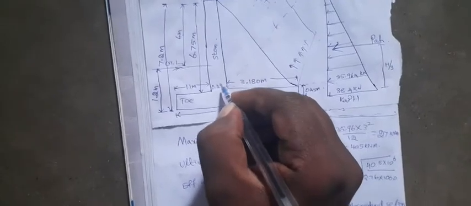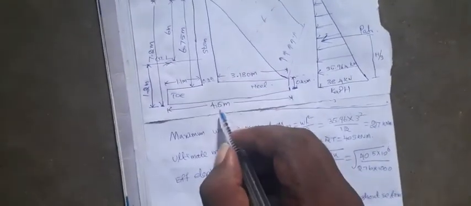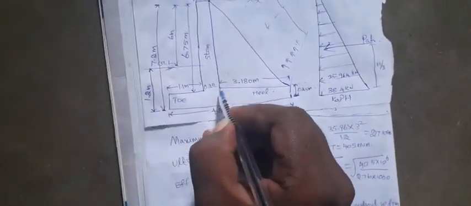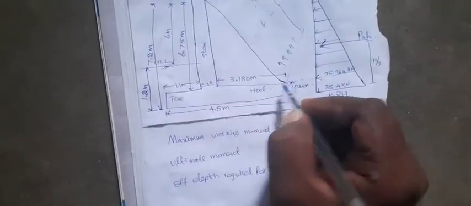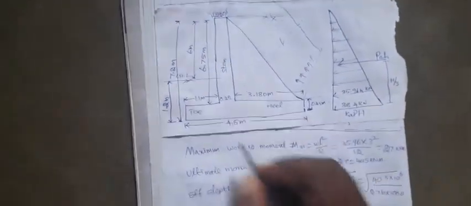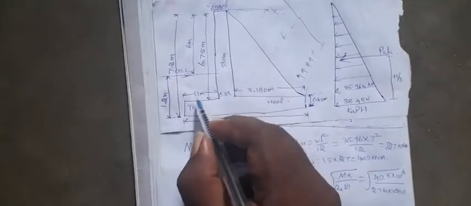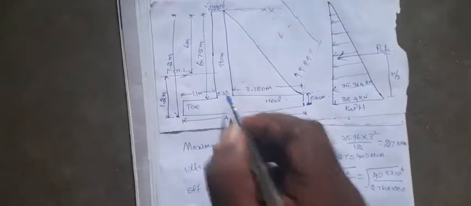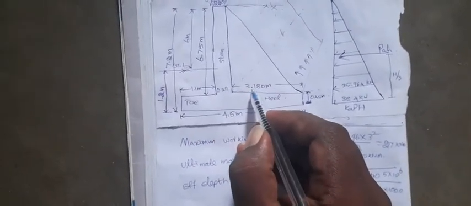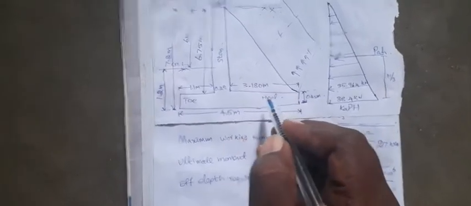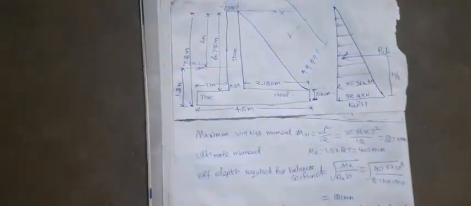Here 1.1 plus 220 means 0.22. 4.5 minus this length is nothing but the projection of the heel slab. So 4.5 minus 1.1 minus 0.22, the value is 3.180 meter. It is nothing but the heel slab.